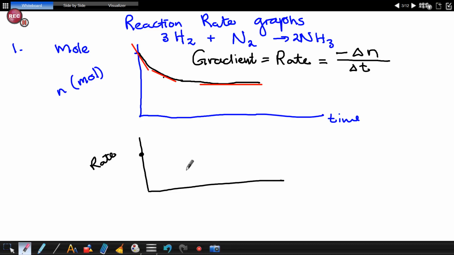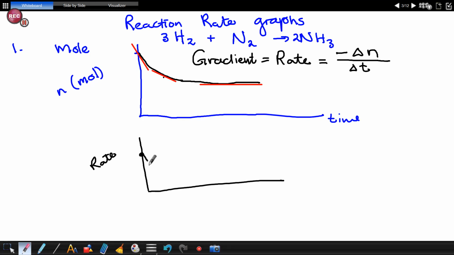If I use this gradient, it will be there. Sorry, not there. There. If I use that gradient, it will be there. So this graph goes down to zero. Sorry, my curves are not perfect here. Just get my curve right.